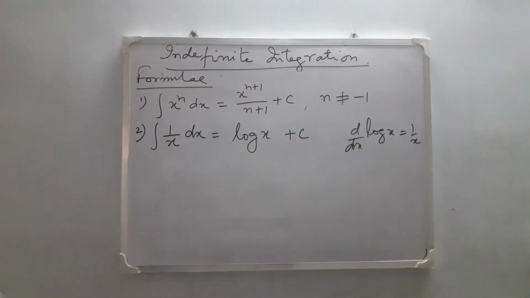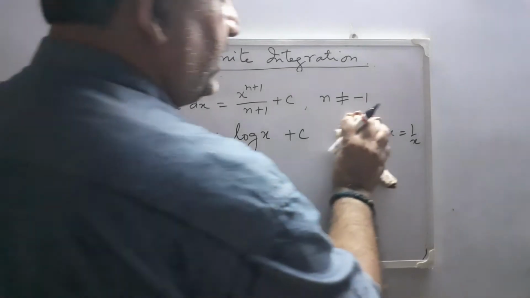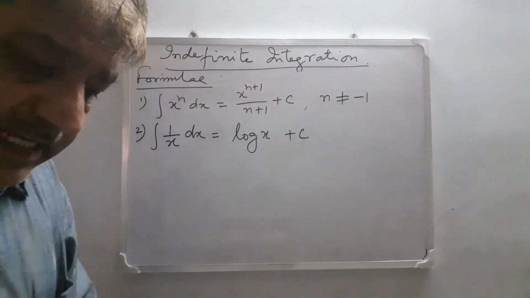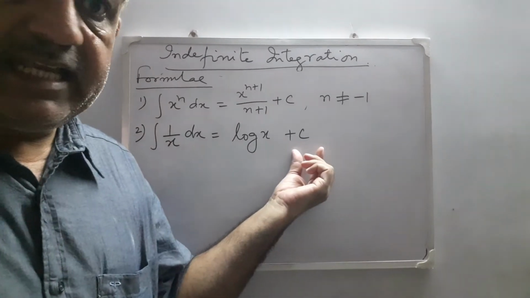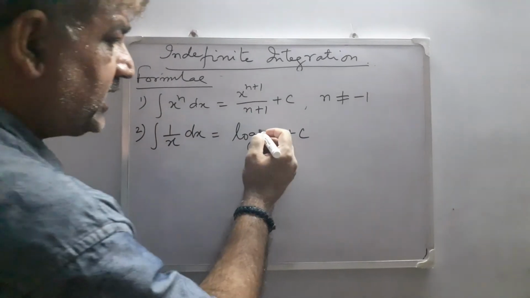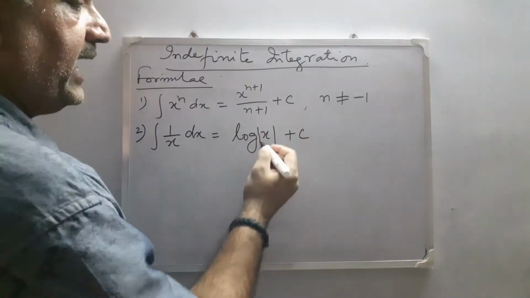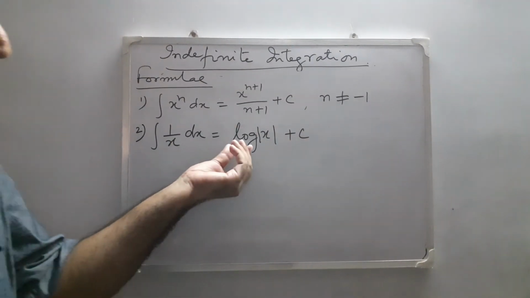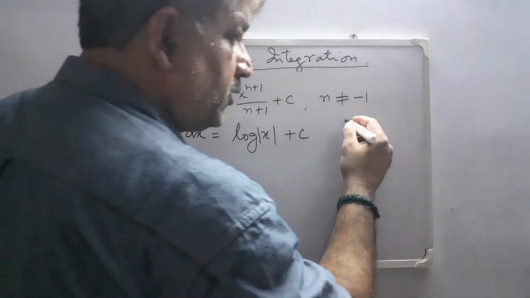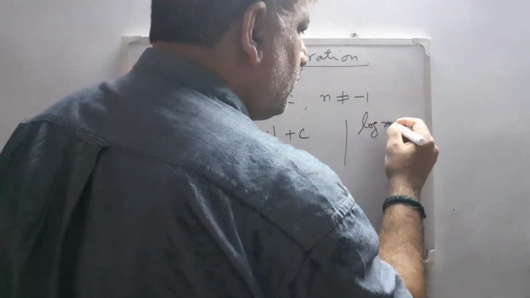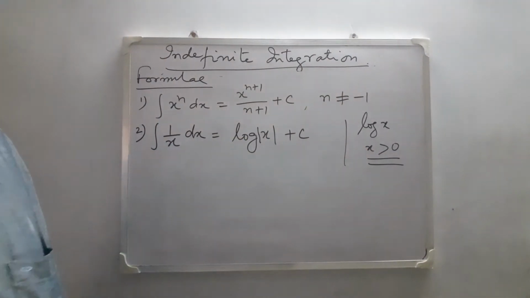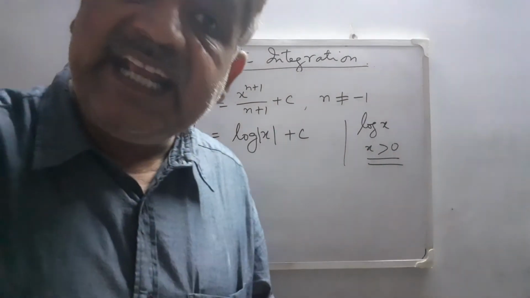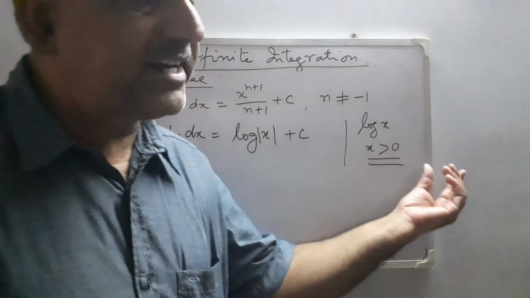One more thing is important here: whenever you are writing the value of the integral as log x plus c, always put the modulus sign with x, because log x is defined for x greater than 0. x should not be 0 or negative.